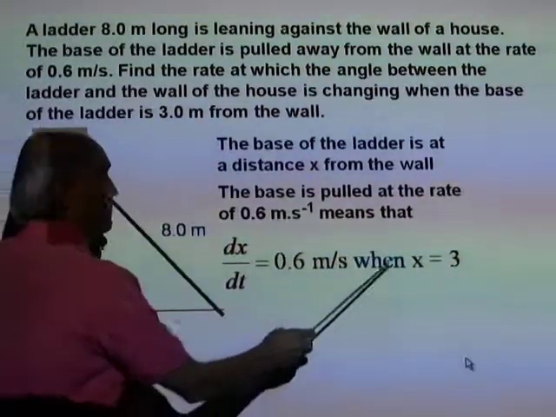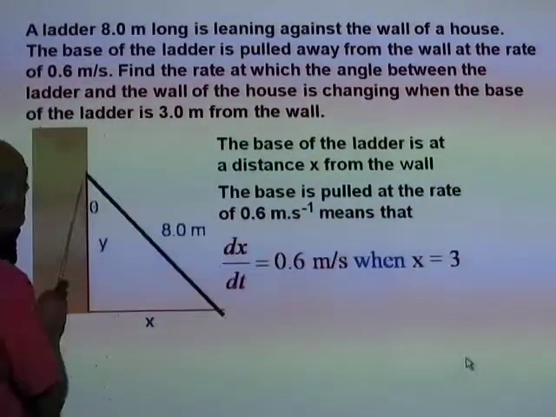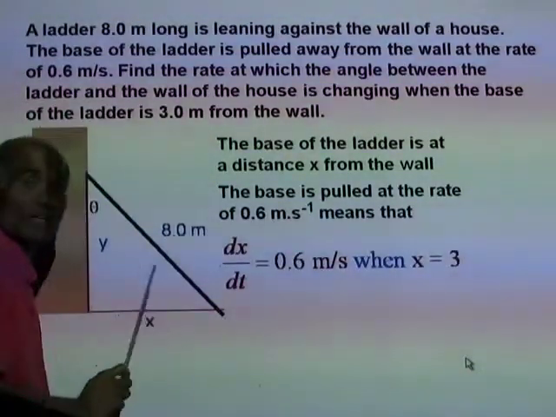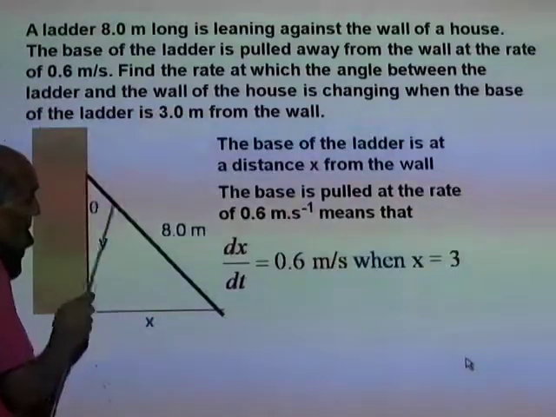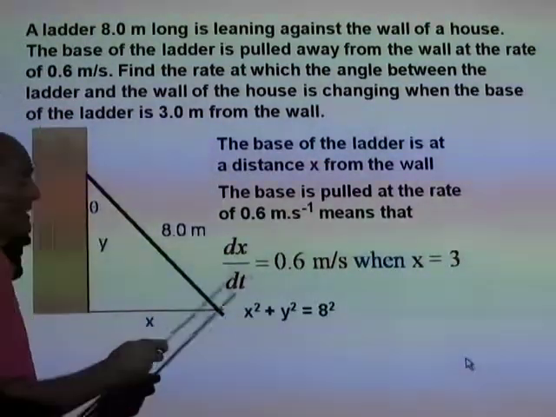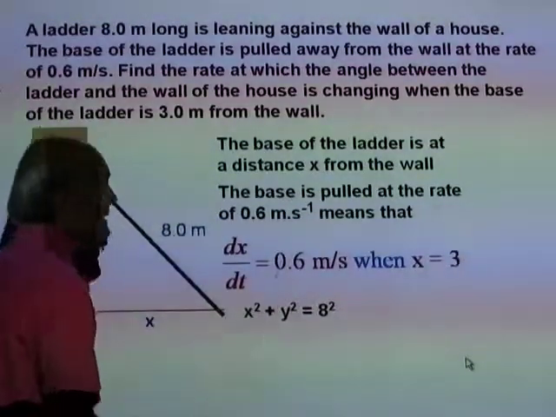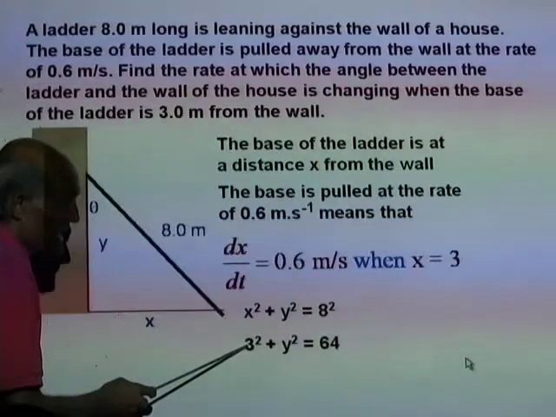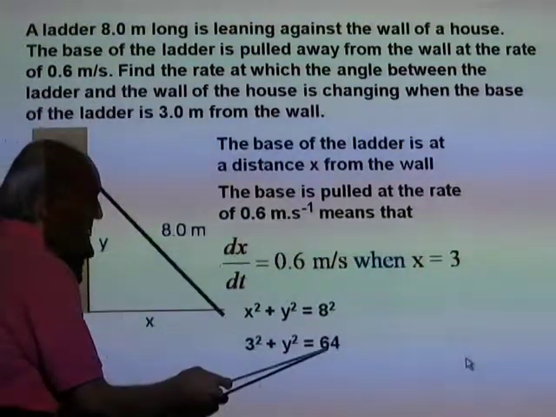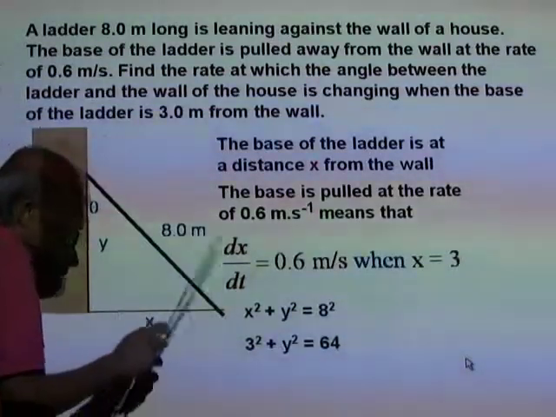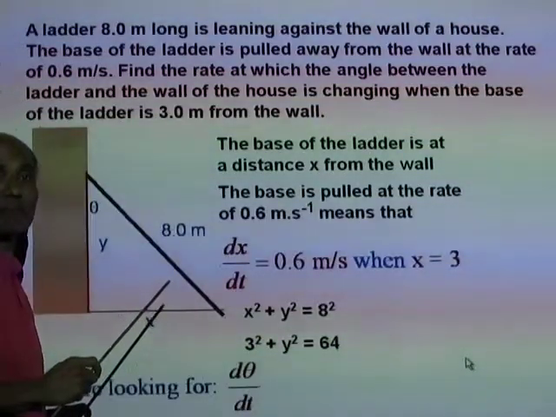When x equal to 3 and the hypotenuse is 8, you can find the value of y. X squared plus y squared equal to 8 squared, and when x equal to 3 and the length of the ladder is 8, we can find the value of y.